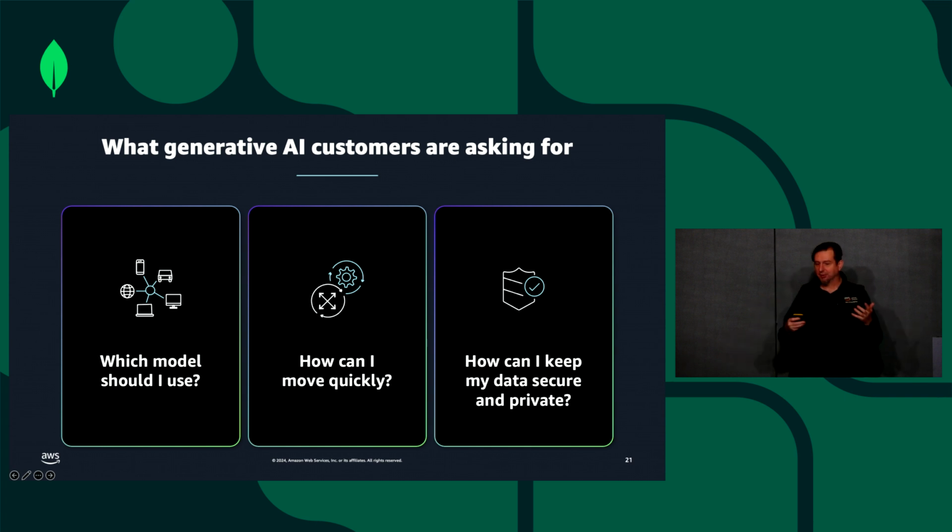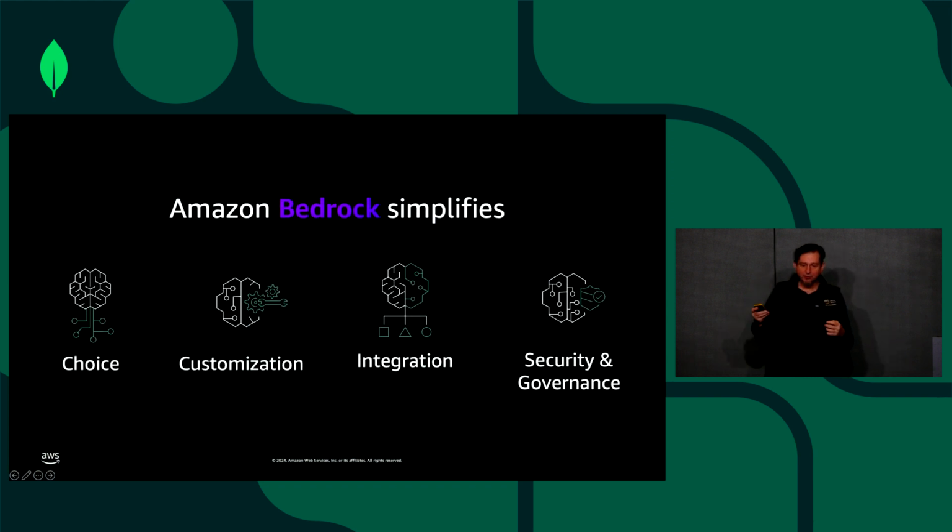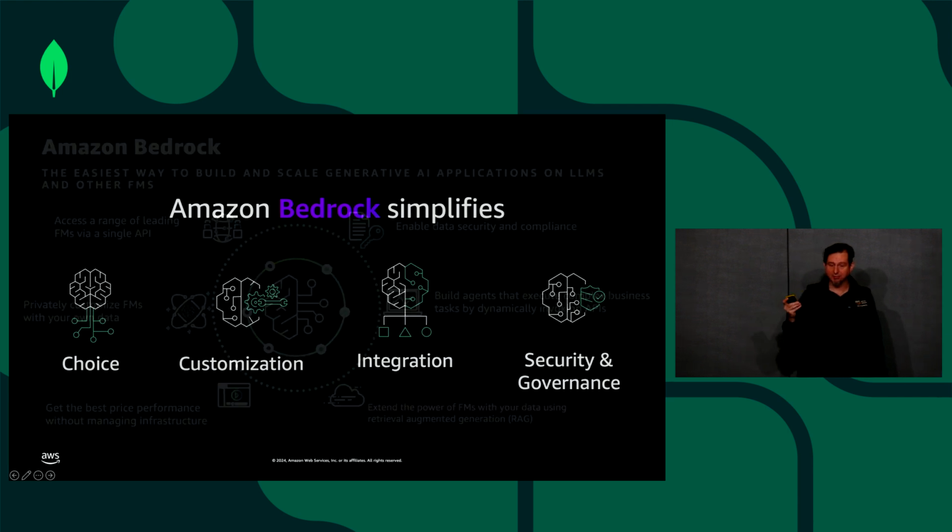AWS was trying to address concerns from customers: which models they want to use, how they can move quickly, and how they can keep data secure and private. So Amazon Bedrock simplifies the choice, simplifies the way you customize your application, helps you with integration, and provides security and governance.